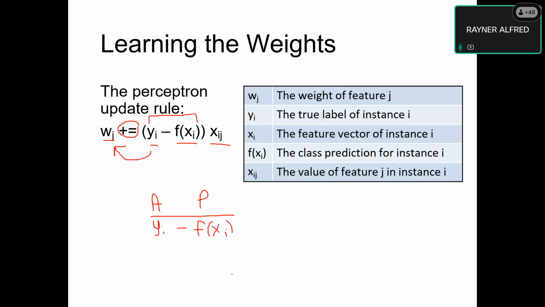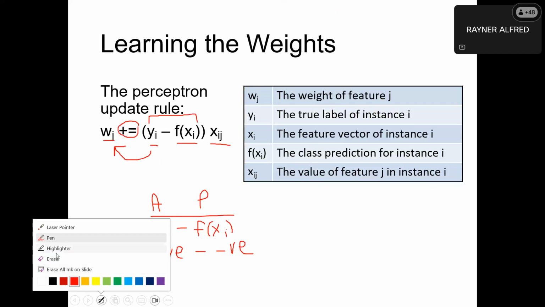Okay. So if your actual symbol is positive, minus, and you predict them as negative, let me change the symbol to be number.